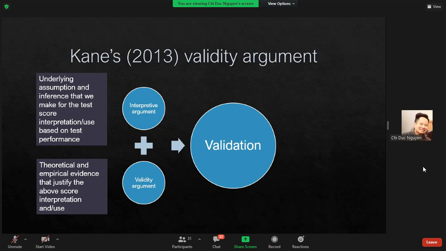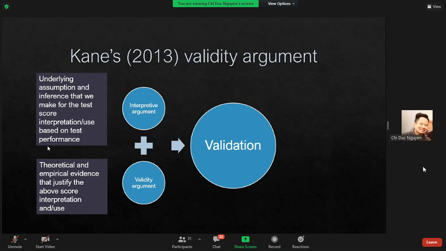And from the theoretical perspective, we can bring out some other evidence as well. When I say that the test very well represents the underlying construct of writing ability, for example, I have to go into the theory, to the definition of writing ability, what kinds of knowledge and skills I need to have in order to perform well in second language writing. And whether the test includes all this knowledge and these skills in its content.